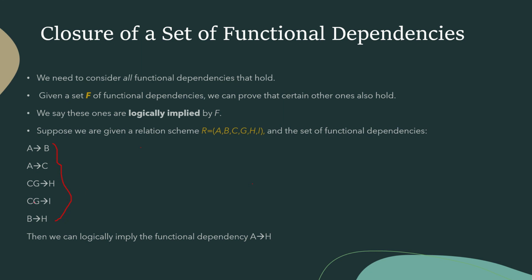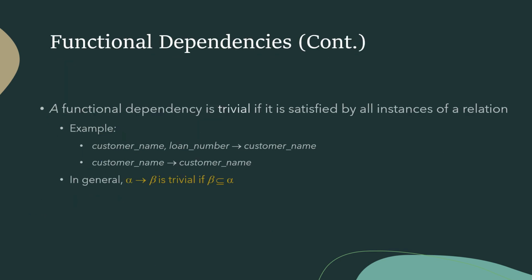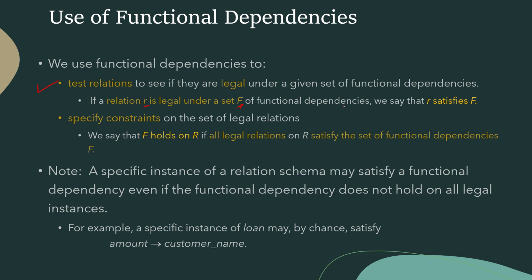So here you can see all these implications are functional dependencies. This is capital letter F. So we are given a relation and a set of functional dependencies. If that relation satisfies all the functional dependencies specified by F, we can say that R satisfies F. That means if R is a relation and F is a set of functional dependencies, and all the functional dependencies are satisfied by R, we can say that R satisfies F. That is the first use.